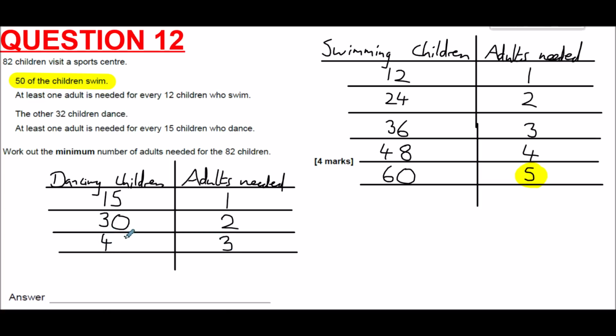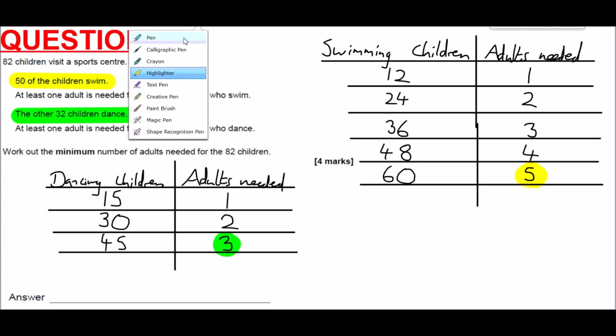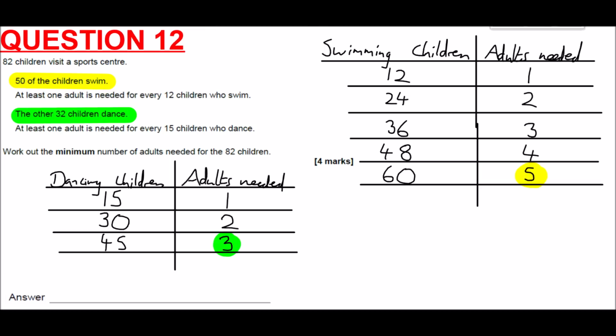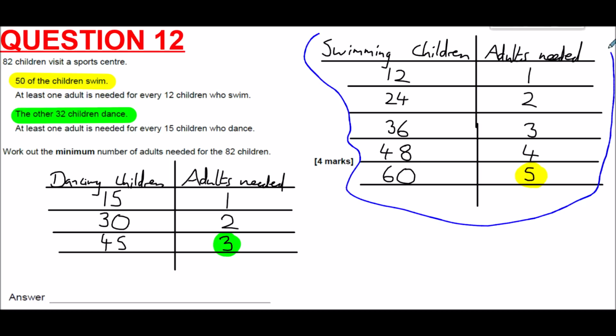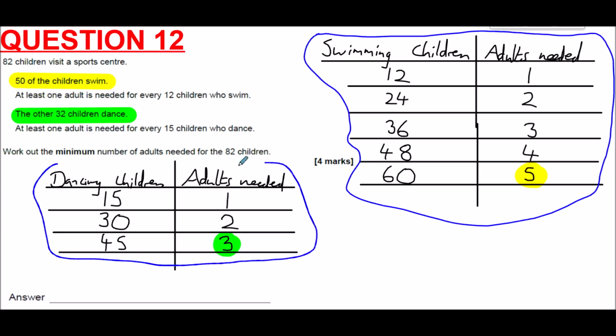So a 3rd adult would be able to look after up to 45 children. So 3 adults could look after up to 45 children, which would be enough. And so for the dancing children, we need 3 adults. And so combining these 2 tables we've got here, the swimming and the dancing, we can just combine what we've got here to work out what's needed.